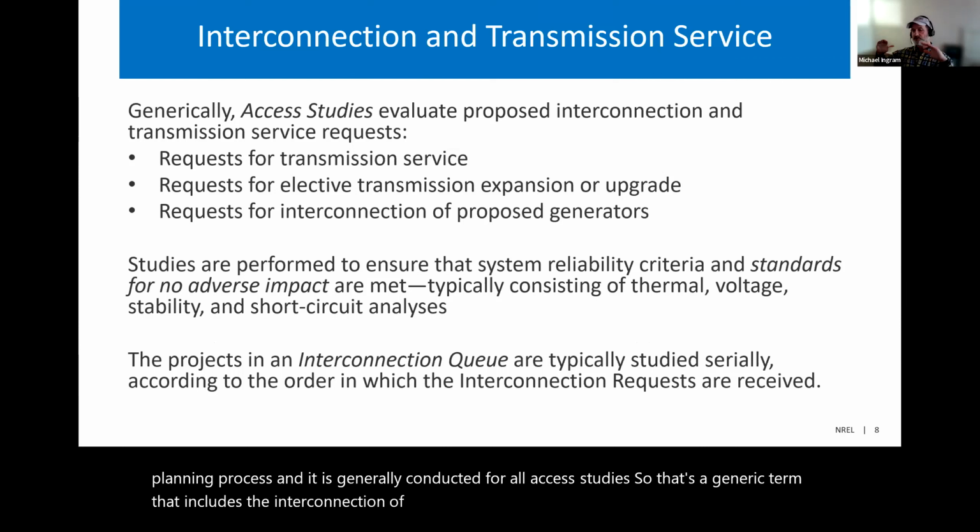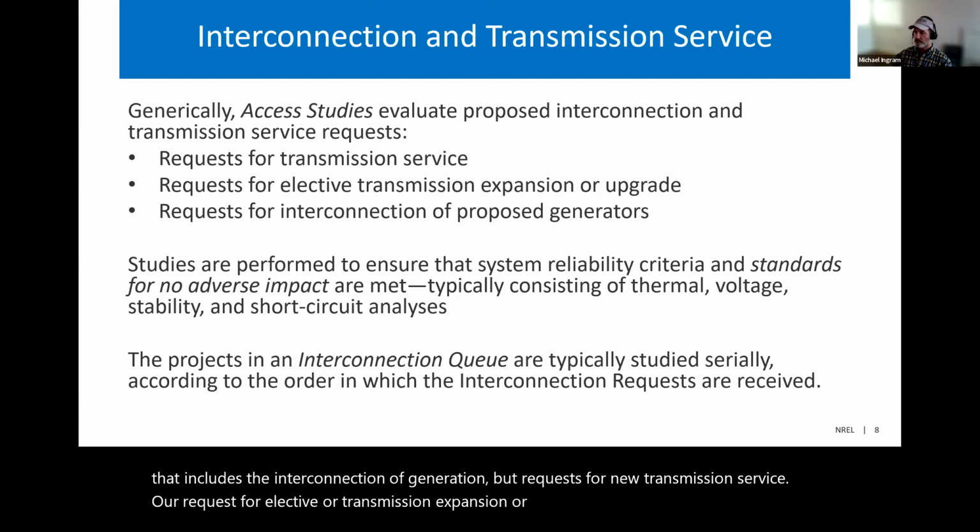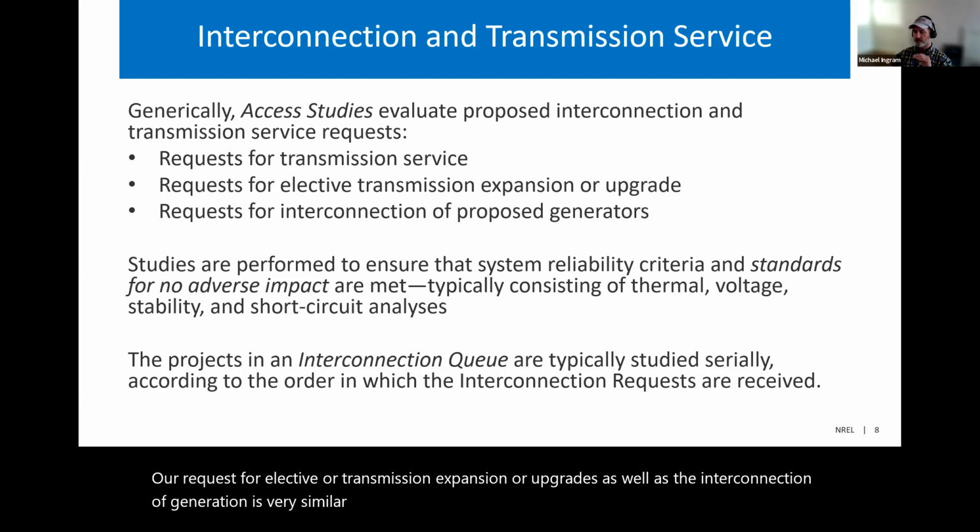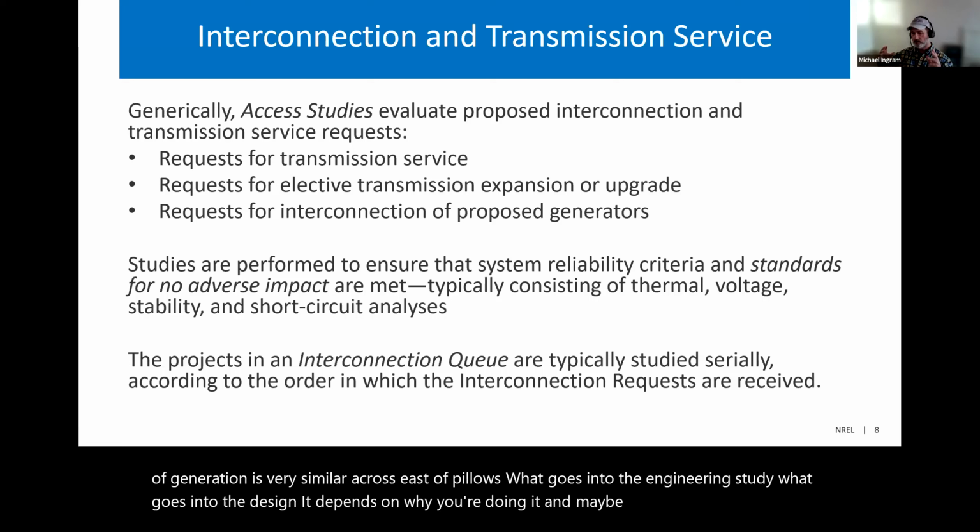But requests for new transmission service, requests for elective transmission expansion or upgrades, as well as the interconnection of generation, are very similar across each of those. What goes into the engineering study and the design depends on why you're doing it, and maybe who pays and what the queue looks like. We'll talk a little bit about those things.